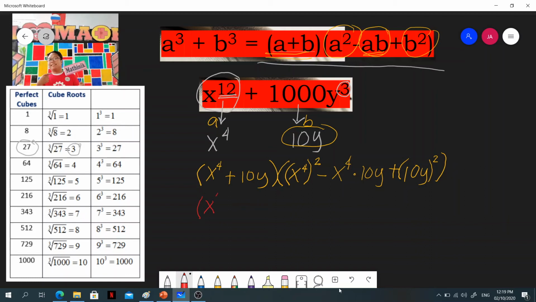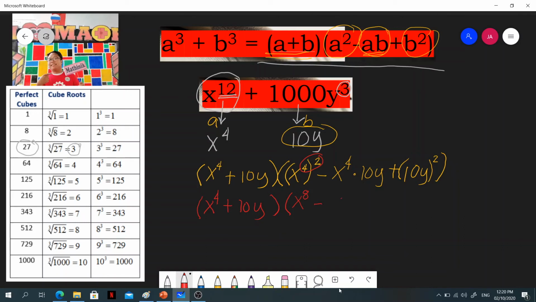So, x to the 4th plus 10y, so, dito tayo. X to the 4th squared. Okay, so pag ganyan, x tapos itong exponent ay pinagmumultiply. So, 2 times 4, that will be 8.